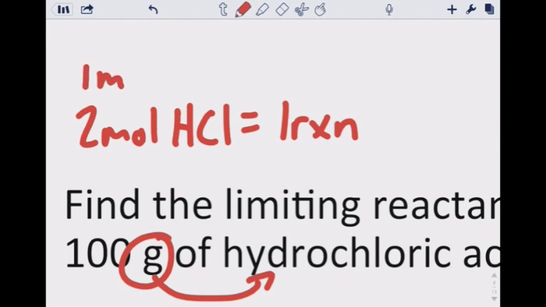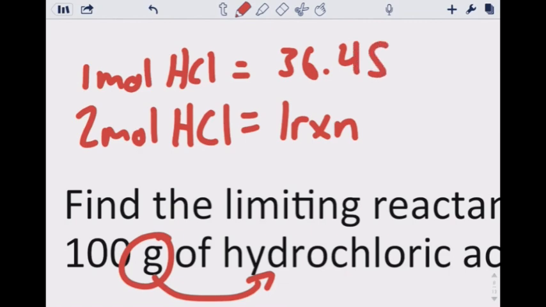And 1 mole of HCl equals our molar mass of HCl, which is right around 36.45, because chlorine's 35 and hydrogen's right around 1, so 36.45 grams of HCl.